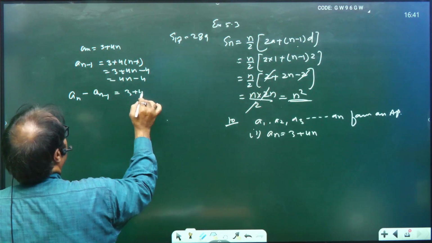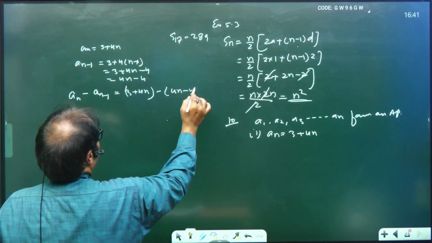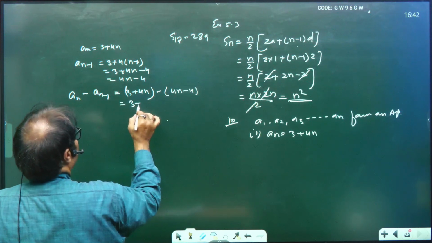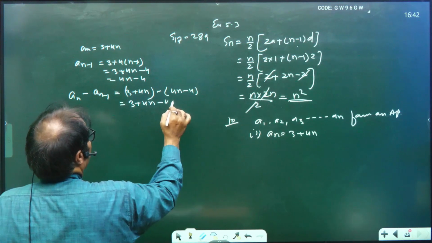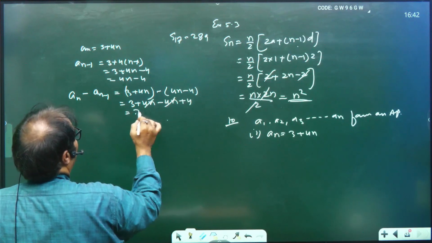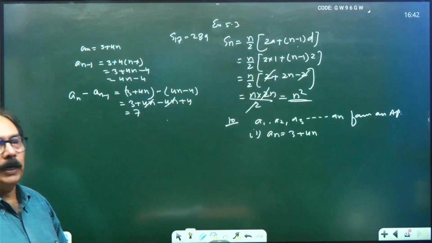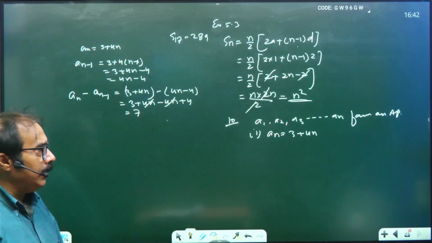So (3 plus 4n) minus (4n minus 4)... Open this bracket: minus 4n and plus 4. So this cancels out. So finally it is 7, which is independent of n, meaning there are no n terms.